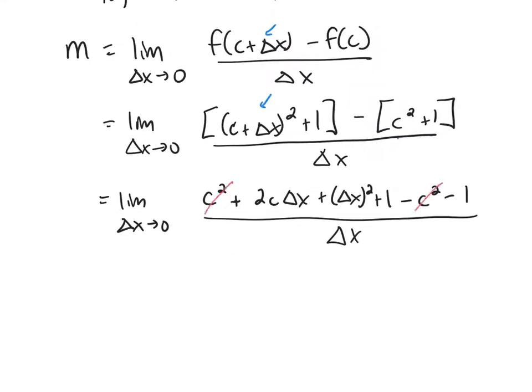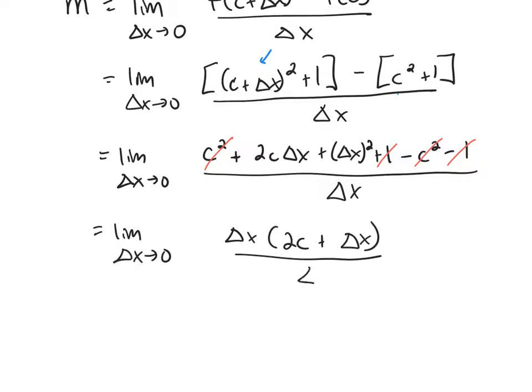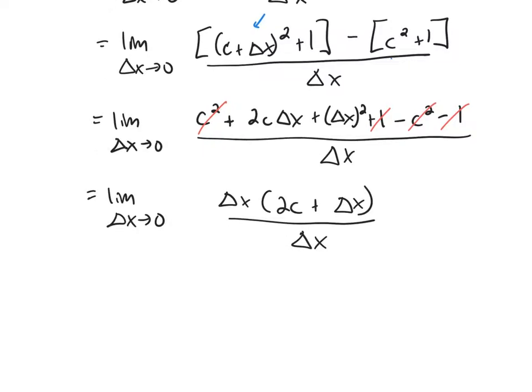C squared and minus c squared, 1 and -1. And then I'm going to take what's left in the numerator. All my terms have delta x in them. So factor out a delta x. And now I can cancel delta x in the top and the bottom.